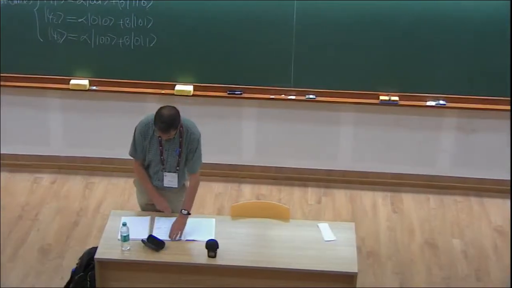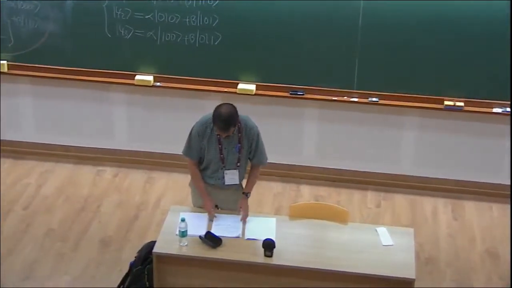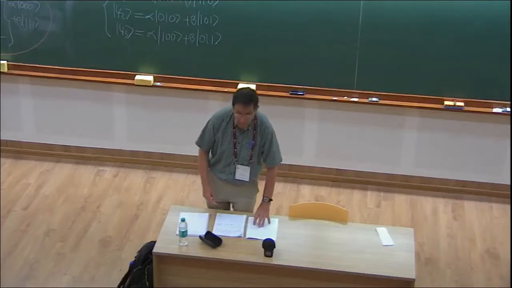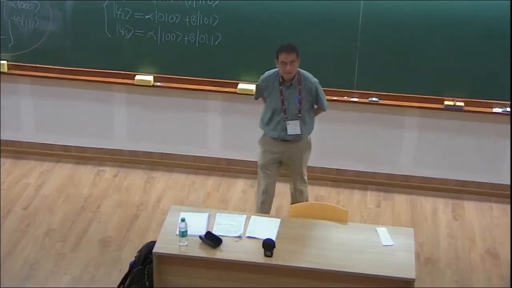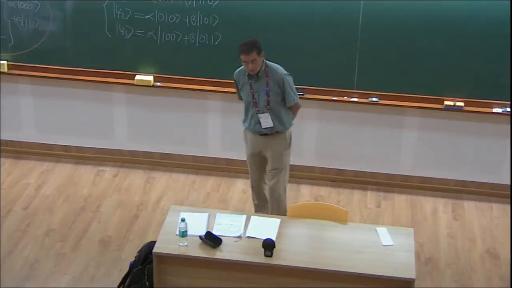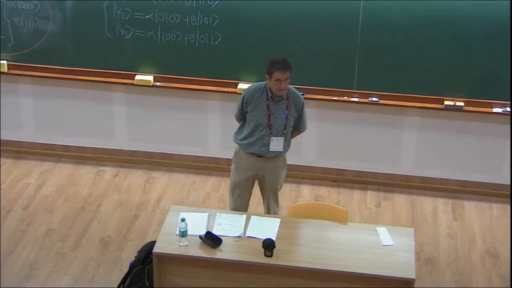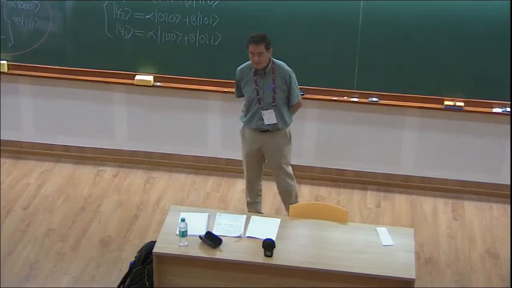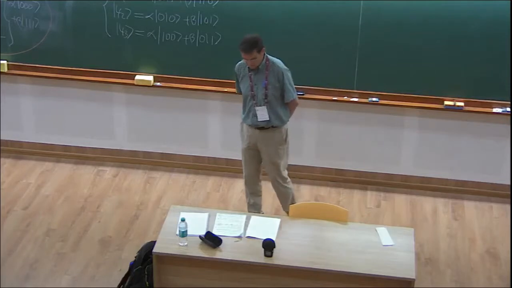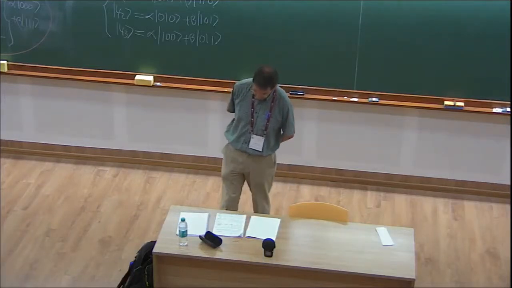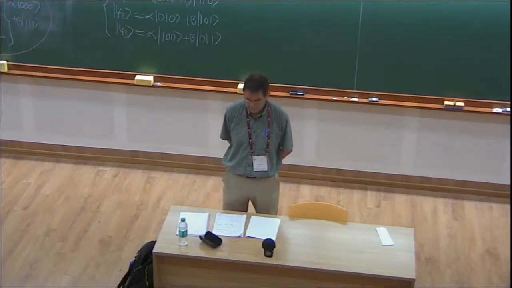Today we're going to try to complete our discussion of quantum error correction. In my view, along with Shor's algorithm, quantum error correction is one of the two great accomplishments, up to now, of quantum computing.